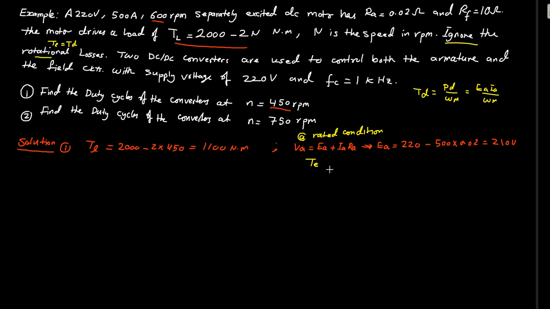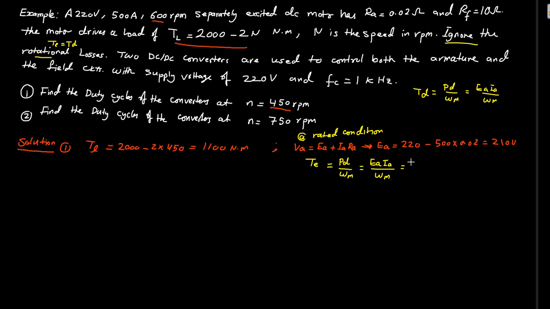So TE will equal the power developed at rated condition over the speed at rated condition, EA IA over omega m.